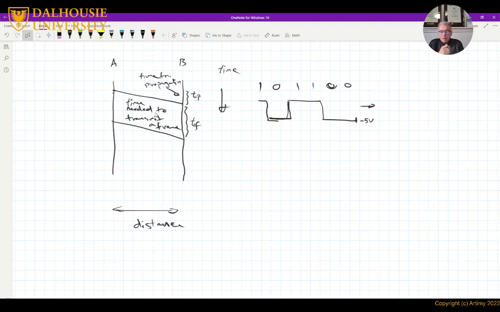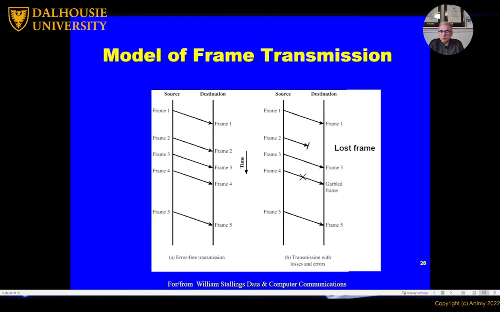Okay, let's go back to our slides and see. In the ideal scenario, here, by the way, the frame is sent as one line. Imagine the frame is really narrow.